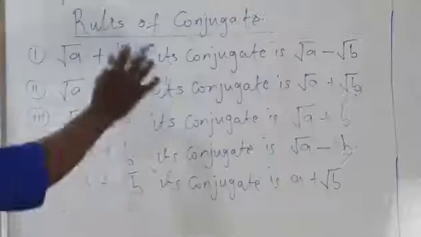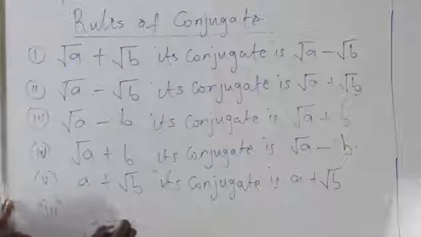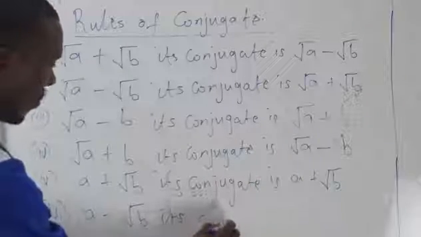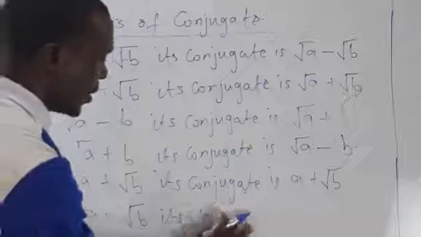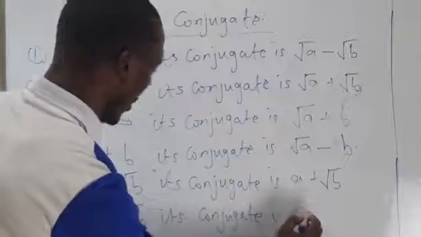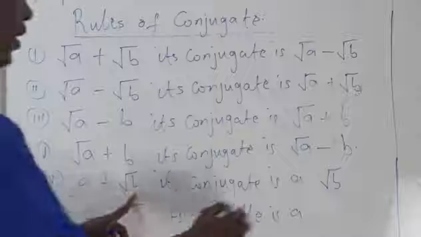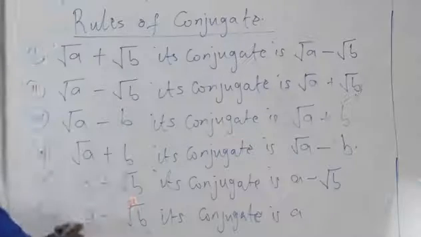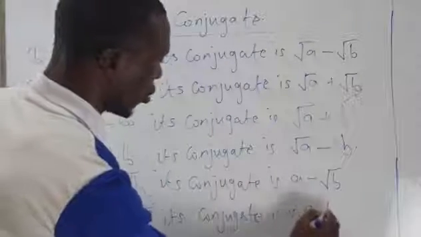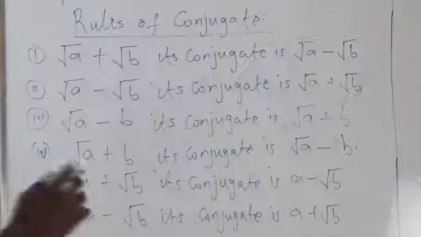The last form of the rule of conjugate is number 6, which is A minus root B. Its conjugate is A plus root B. Here we have A plus root B, it will change to A minus root B. And the last one is A minus root B, whose conjugate is A plus root B. So it can come in any form.